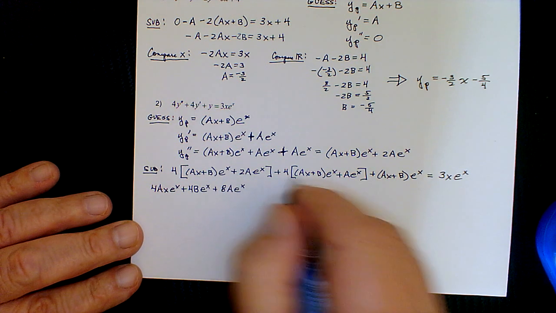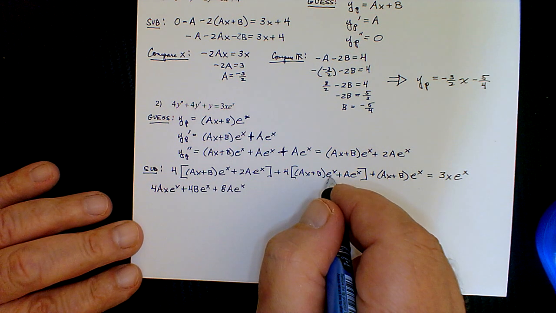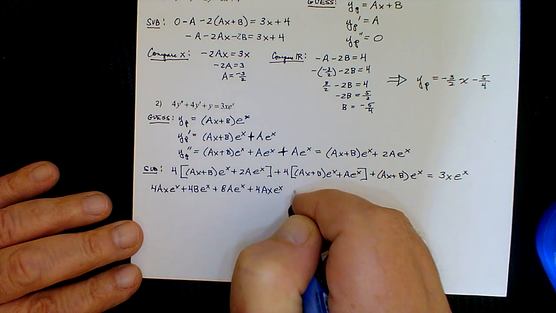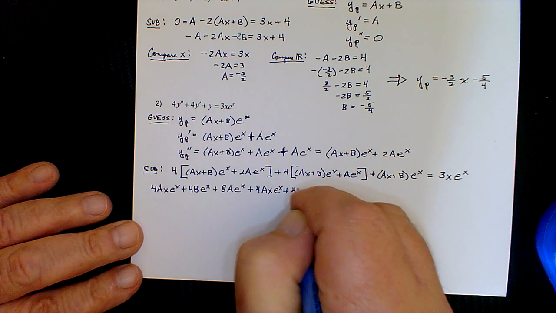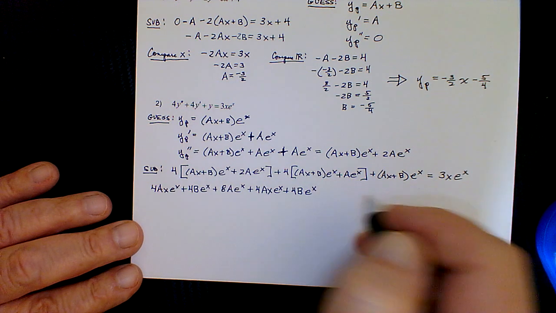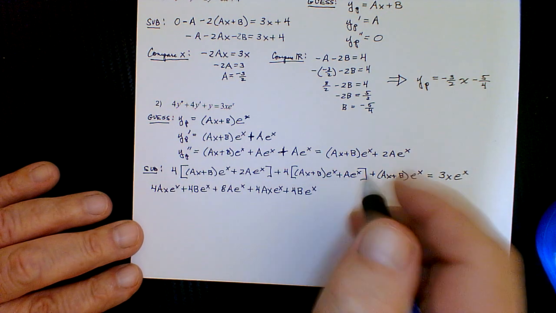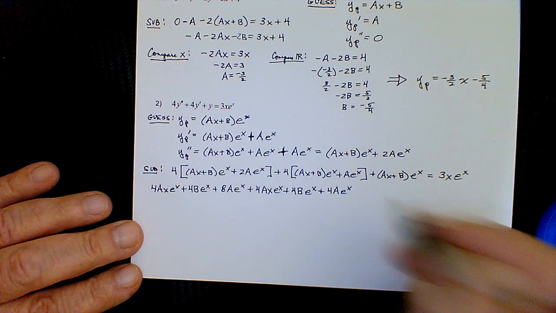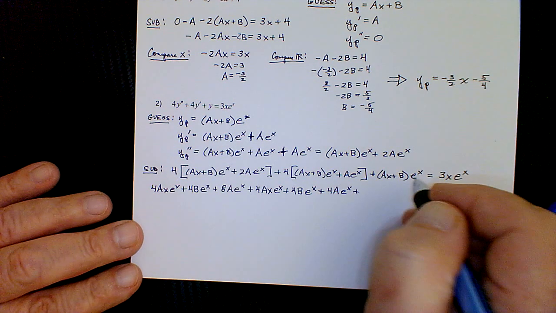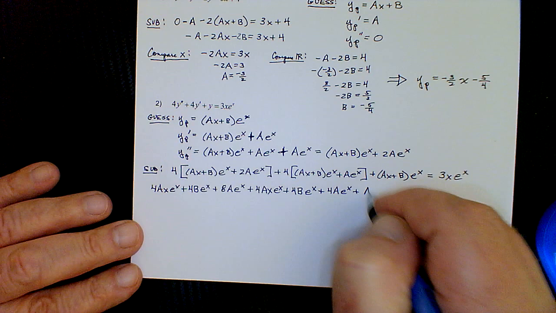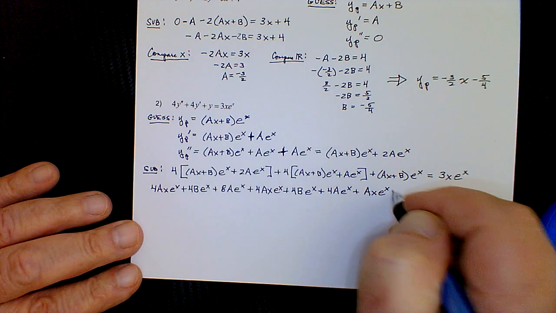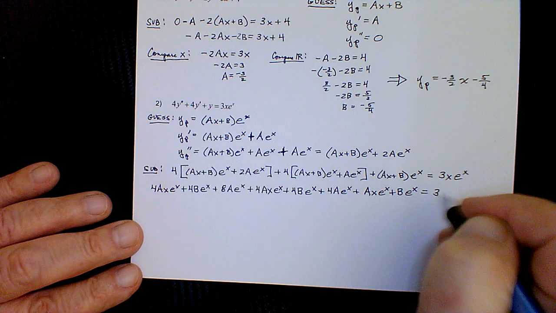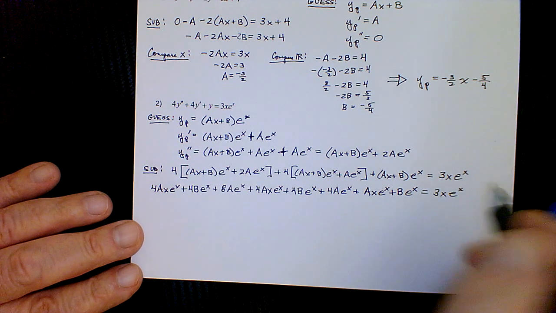Okay, moving on, we get 4ax e to the x, and then plus 4b e to the x. And then distributing that 4 to this term, we get plus 4a e to the x. And then distributing the e to the x in here, we get ax e to the x plus b e to the x. So you could do your algebra any way you want. That just might make it simpler.